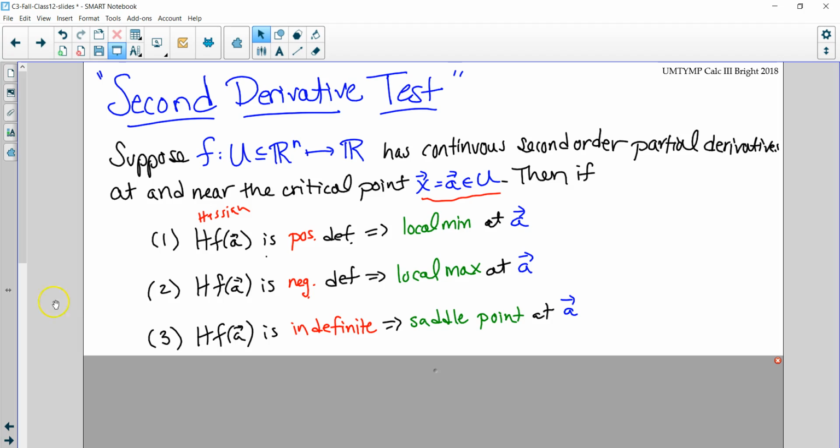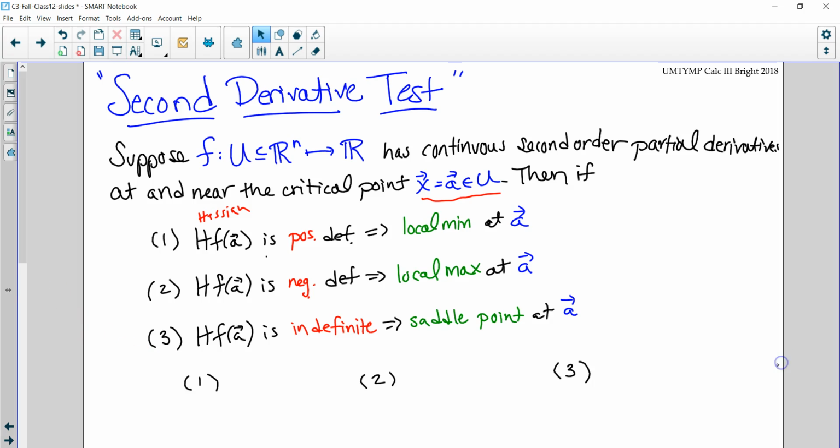I left little spaces for us to draw little diagrams if we so wish. In the first case we have a surface, like our paraboloid, that opens up, and we have a minimum here. Similarly, in the second case, we'd have a paraboloid opening down.